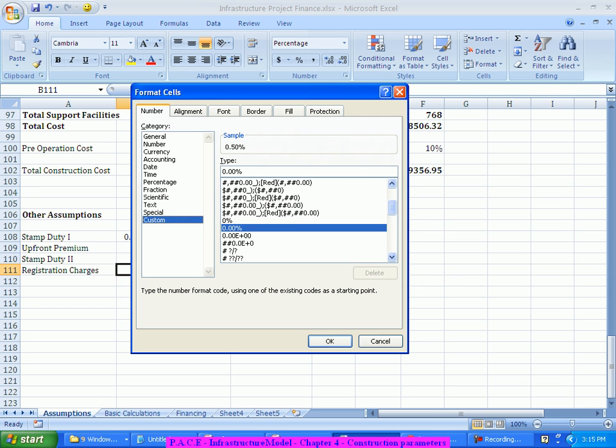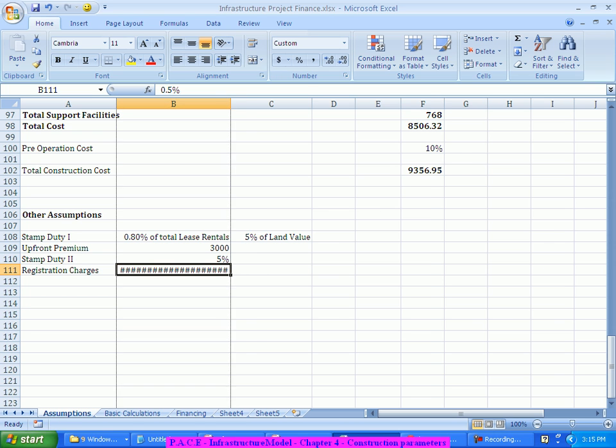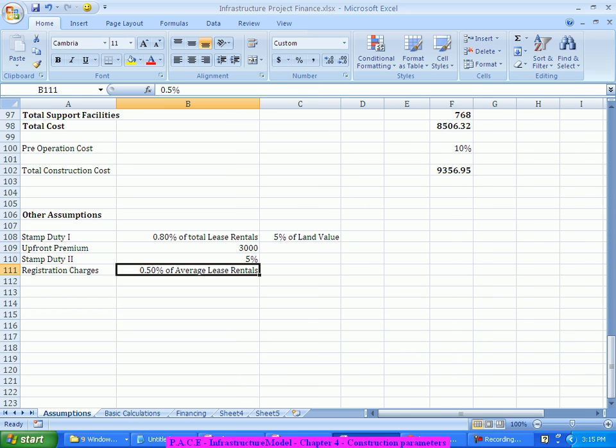Even if you just write 0.5%, that is fine. Just to make things look better, I'll write it as of average lease rentals, so that when someone looks at it, it becomes easier for them to understand. Though it takes a lot of space, I am still entering it as 0.5% itself, but the format is more like that, so that I can easily correlate it. Okay, registration charges are that much.